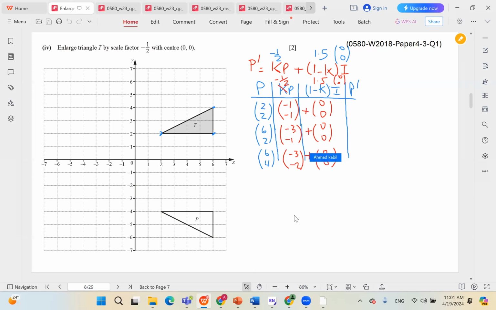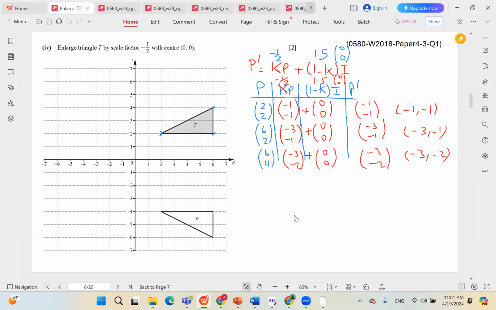So we just get the same vectors here as we have in the second column: -1, -1, -3, -1, and finally -3, -2. You can convert them back to points: -1, -1, -3, -1, and -3, -2. These are the final points for this question.